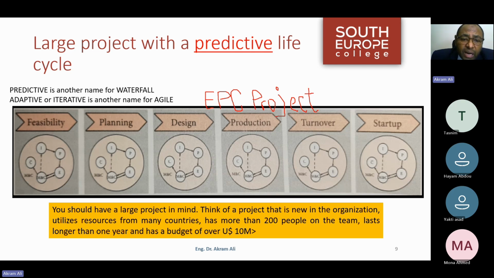Procurement actually overlaps design because I start procurement before I end the phase gate of design, and procurement will continue for a very long time, probably will even continue after production and into the turnover and startup phase, because procurement is a continuous and a very long process.